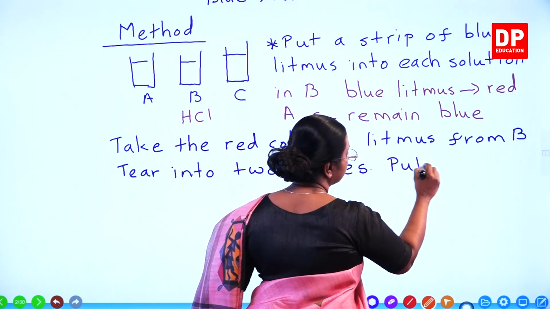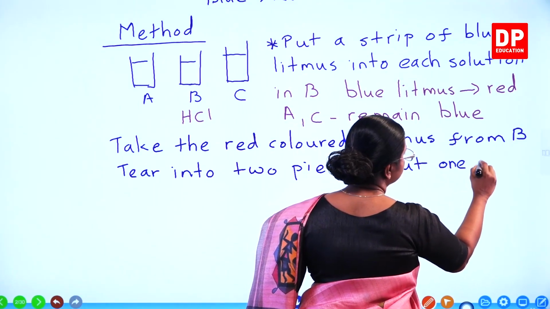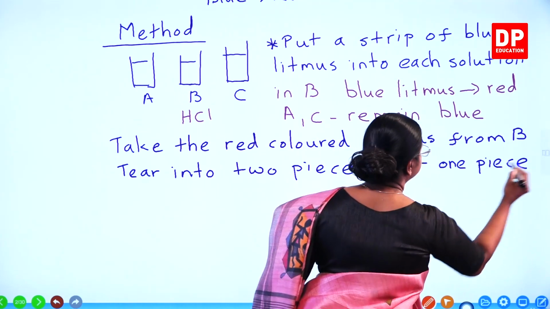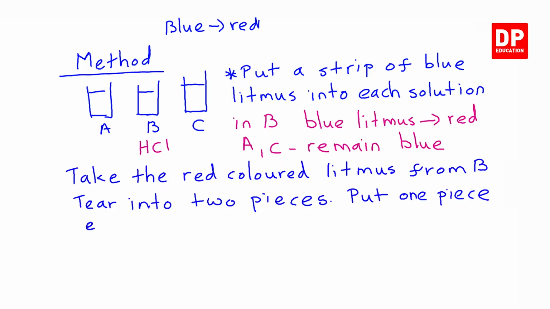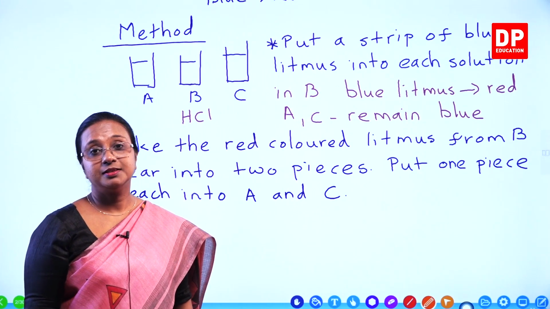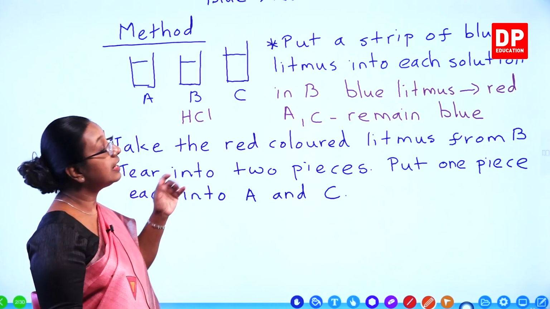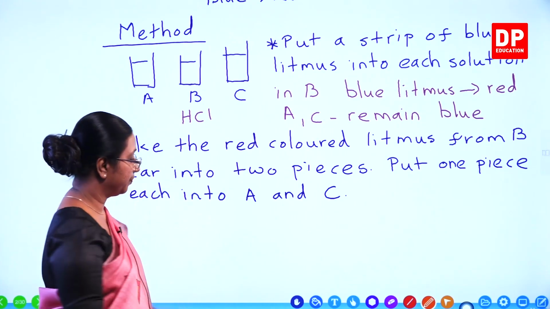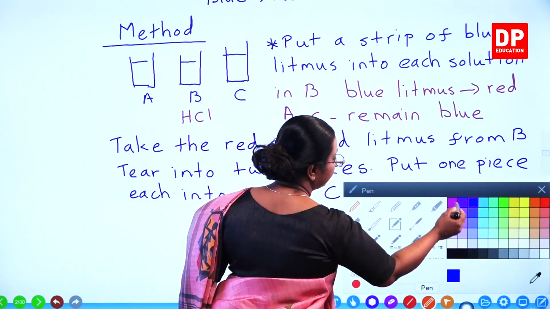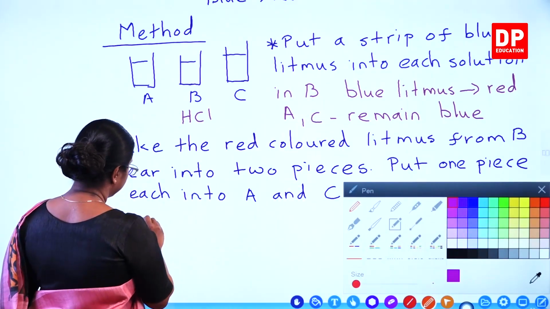Put one piece each into A and C. Then what will happen? Let's say in A, the red litmus becomes blue. So here again we have another observation.